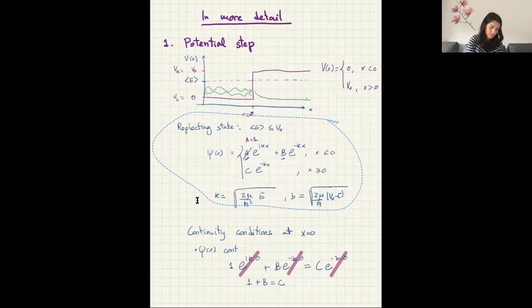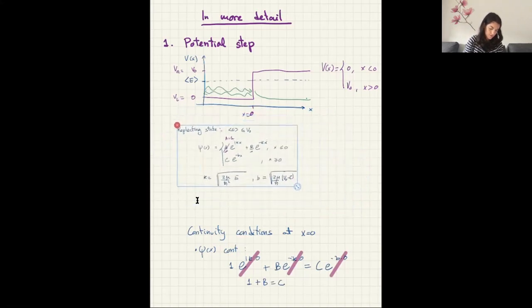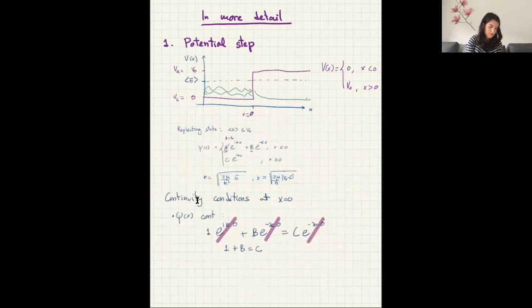What else do we have? We saw that here the first derivative is also continuous. So let's take the first derivative on the left. We get ik times e^(ikx), plus a minus b ik e^(-ikx), equals on the right minus β c e^(-βx).